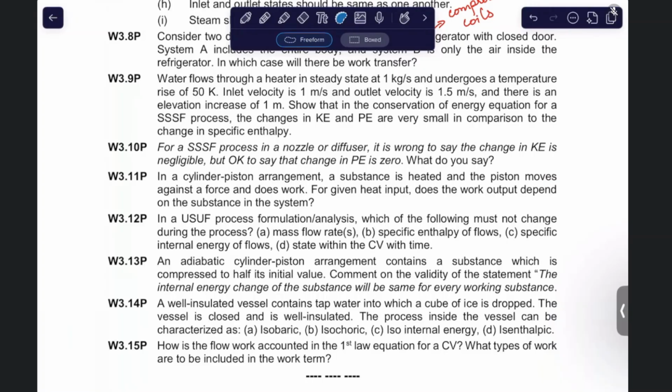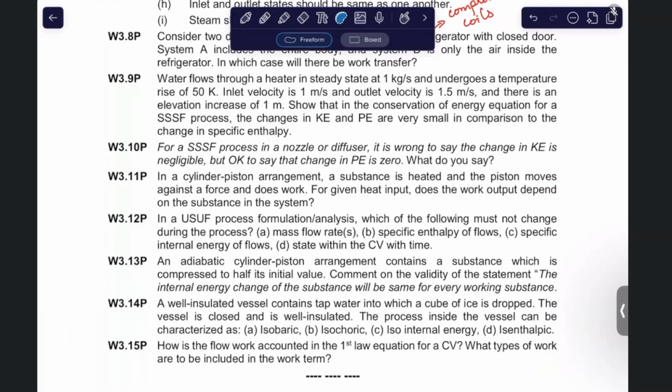Okay, so next up is cylinder piston. In a cylinder piston arrangement, a substance is heated and the piston moves against a force and does work. For a given heat input, does the work output depend on the substance in the system? As we have seen in the previous lectures, you are heating up a substance inside the cylinder piston arrangement, and that heat is expanding the substance, pushing the piston outwards.